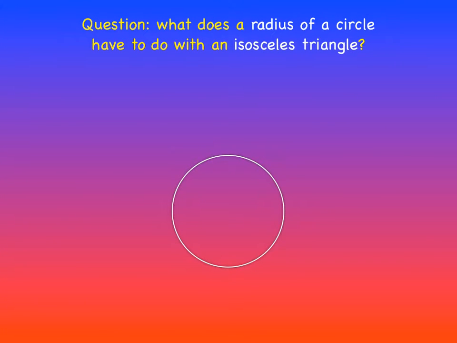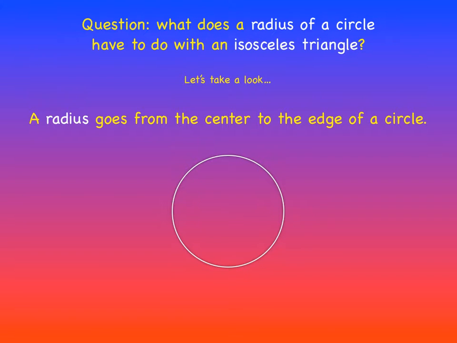Question: what does a radius of a circle have to do with an isosceles triangle? Well, let's take a look. A radius goes from the center to the edge of a circle.